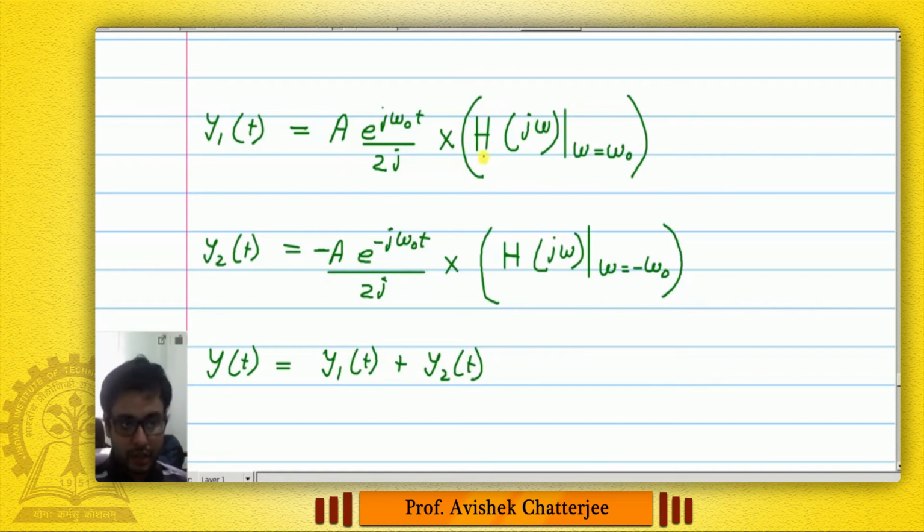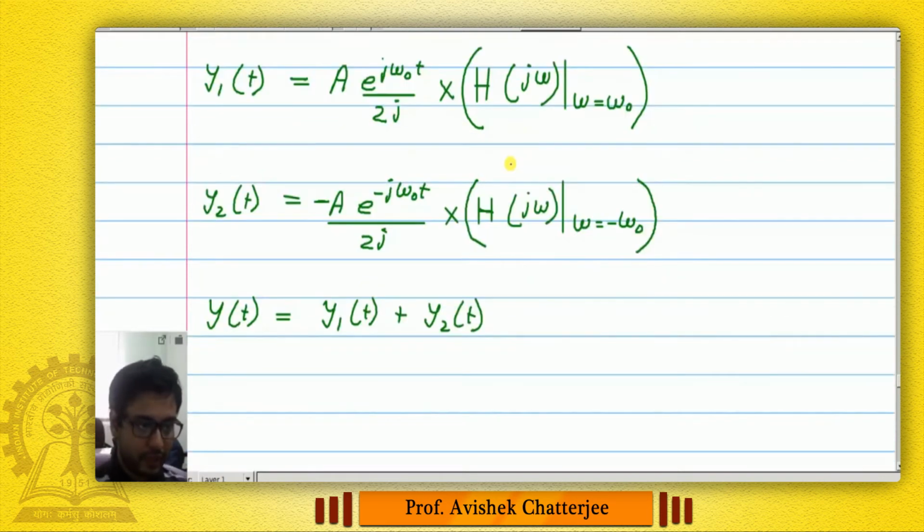However, notice that this gain factor in general is a complex number. Okay, so this has both real and imaginary part, or magnitude and angle. So this input signal is multiplied by this complex number. Therefore, both the magnitude and the phase of the input signal may get changed.